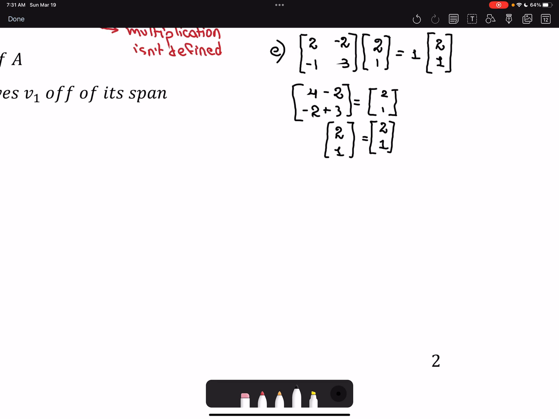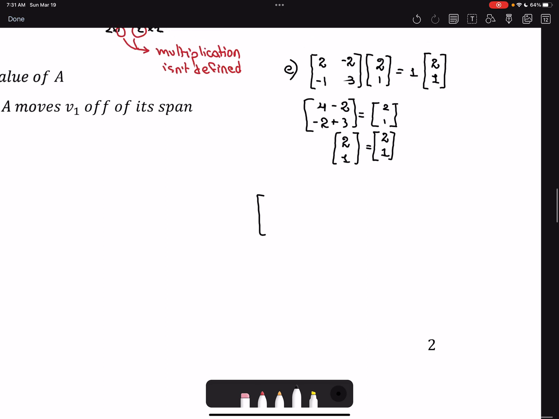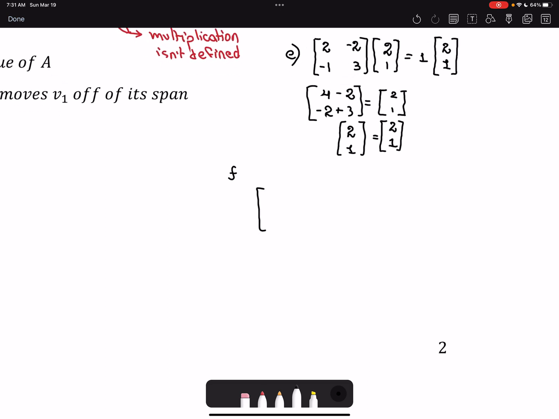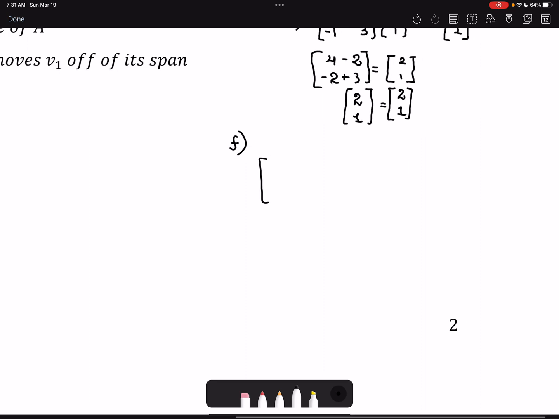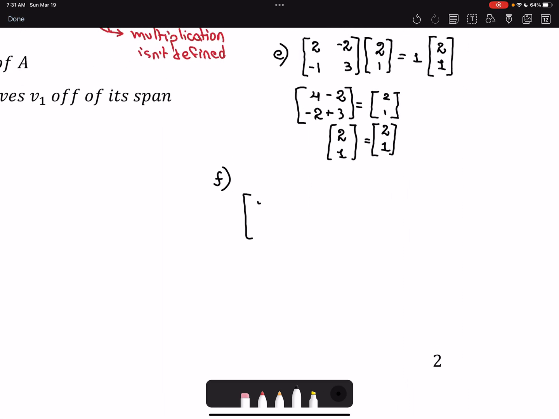Let's find the eigenvalues. So this is E, F, I believe. This is going to be 2, negative 2, negative 1, and 3. And we're going to want to subtract the lambda here and find the determinant of this.